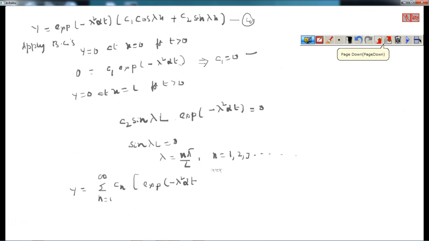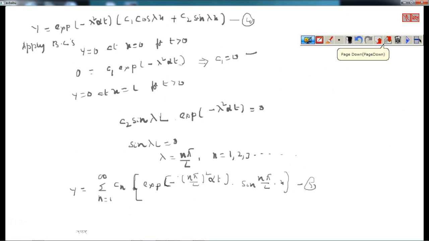However, lambda is already known, so I rewrite this as Cn, square bracket, exponent minus n pi by L whole square alpha t, into sin n pi by L x. This is equation number 5.